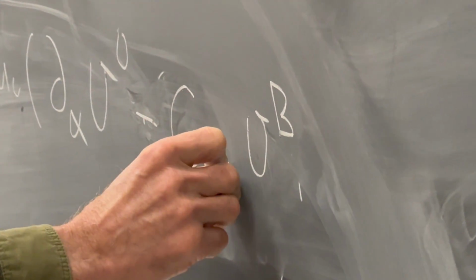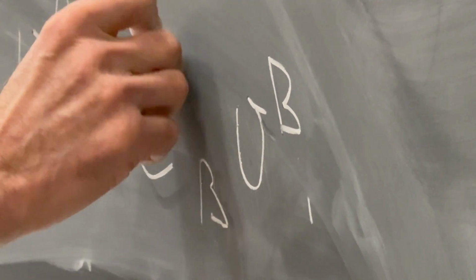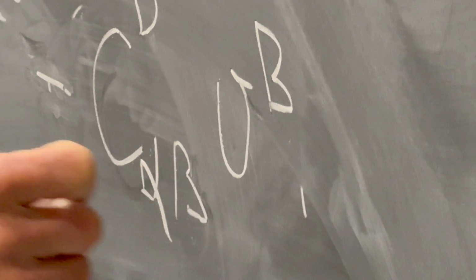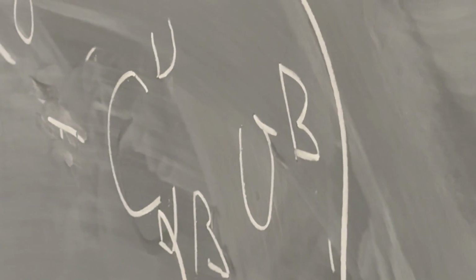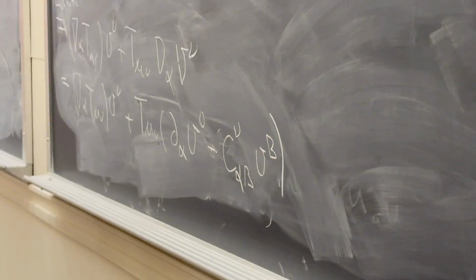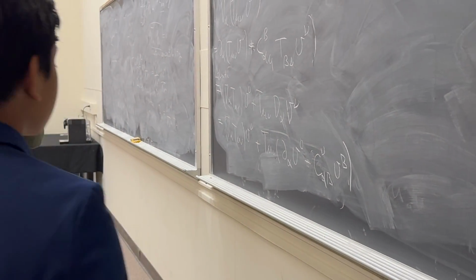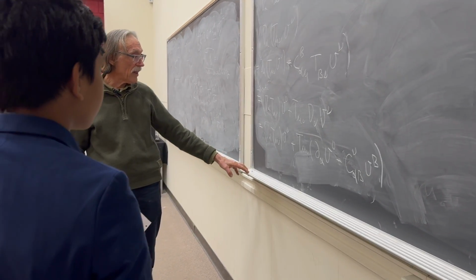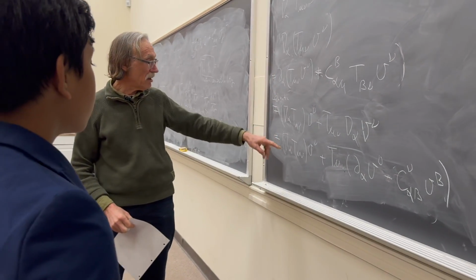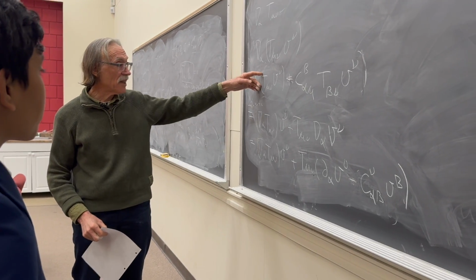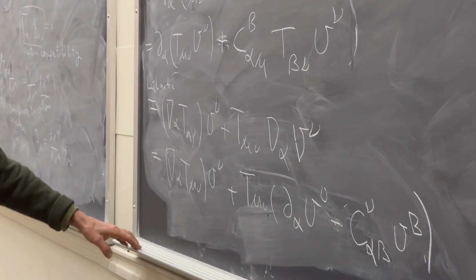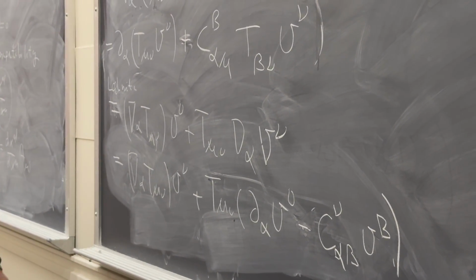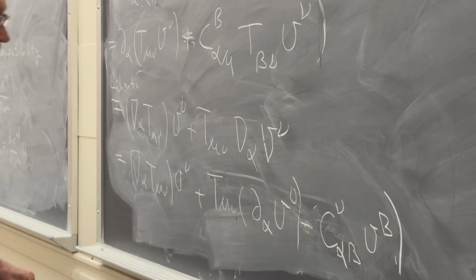Now the beta has to be here, the nu has to be here, and the alpha has to be here. And now we know that this should be equal to this. And the bracket closes here.